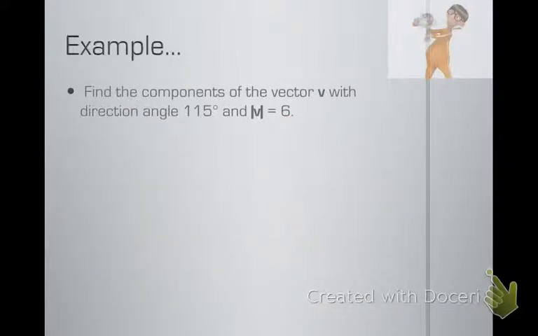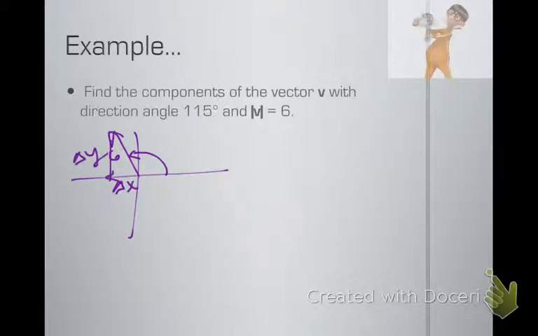And then working backwards from here, I'll run through this example and I'll give you a separate one. We want the component form of vector v, if we know its magnitude is 6 and its direction is 115. 115 is up here. It's got a magnitude of 6. So my x component here, y component here.